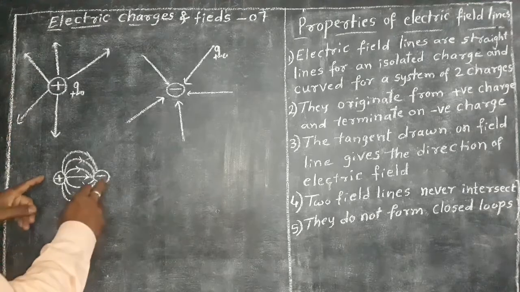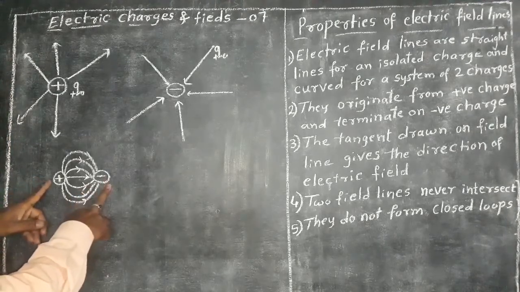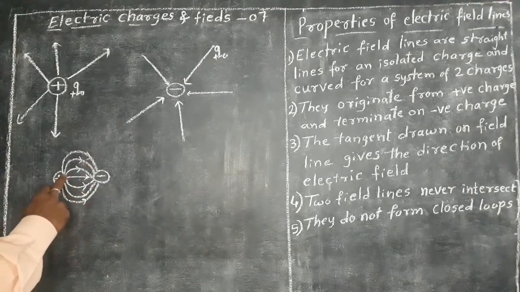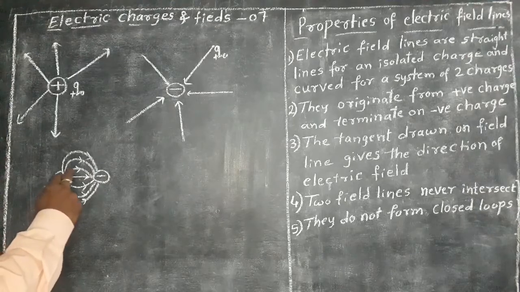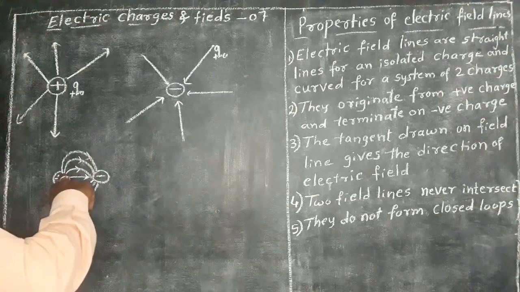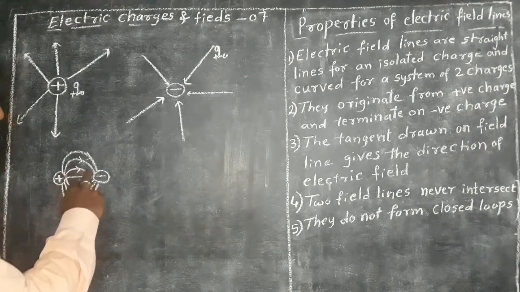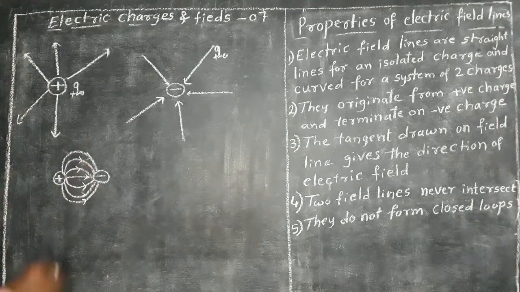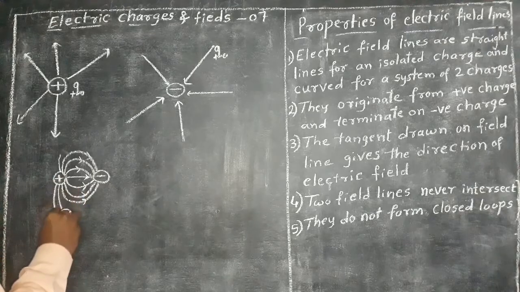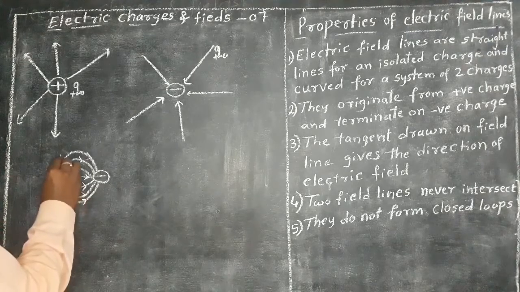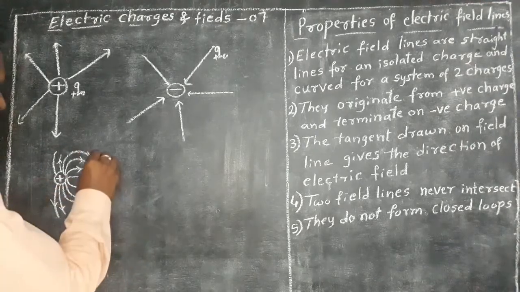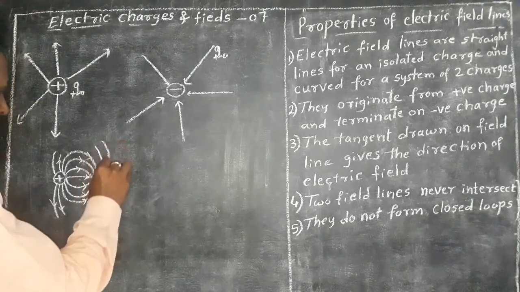Therefore, for a system of two unlike charges, electric lines of force are curved and they start from positive charge and end on negative charge. They originate from positive charge and terminate on negative charge. And at different positions, the field lines are as shown.